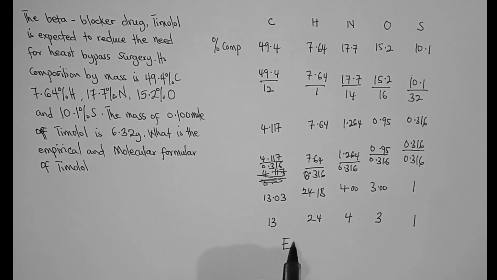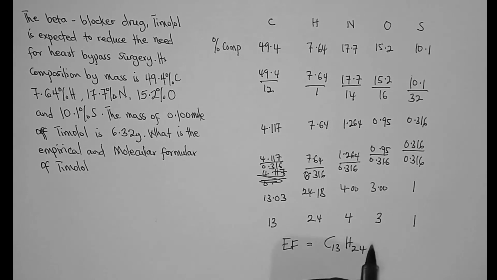And therefore, the empirical formula of timolol is C13H24N4O3S. So this is the empirical formula of timolol.